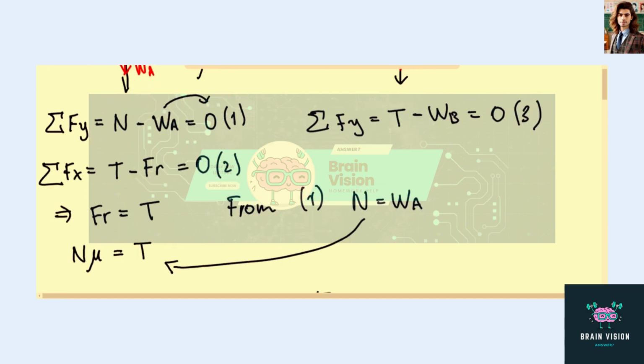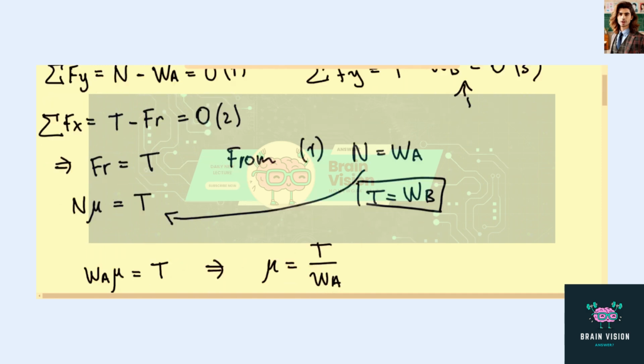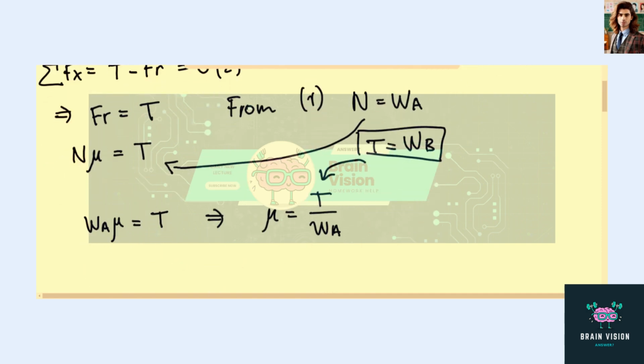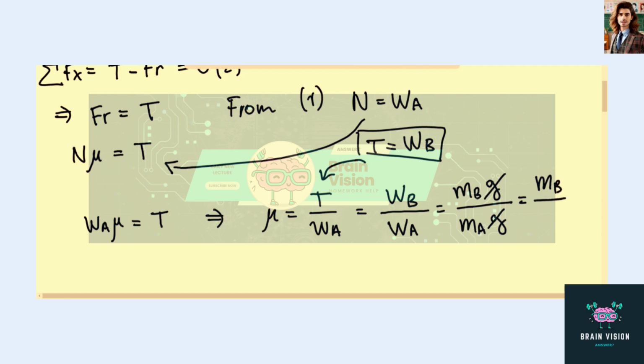Now, from the third equation, we know that the tension is equal to the weight of block B. Using this, we find that the coefficient of friction is simply the ratio between the weight of block B and the weight of block A. The weight is defined as the mass of the block times the acceleration of gravity, so we can cancel gravity and obtain mB over mA.